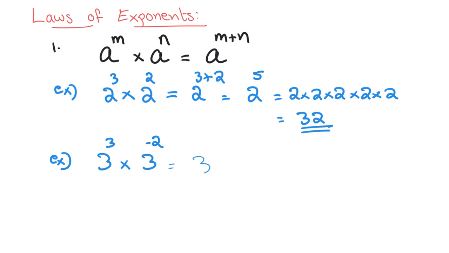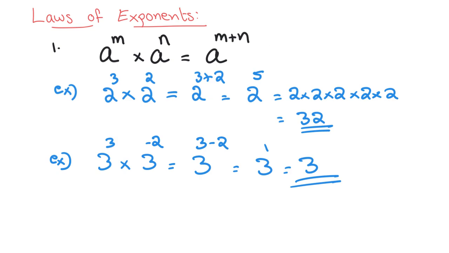So it is 3 to the power 3 plus minus 2, which is 3 to the power 1. When the power is 1, you don't have to write the power. It is understood to be 1. So 3. Understood how you apply the first law of exponents, which is a to the power m times a to the power n is a to the power m plus n.